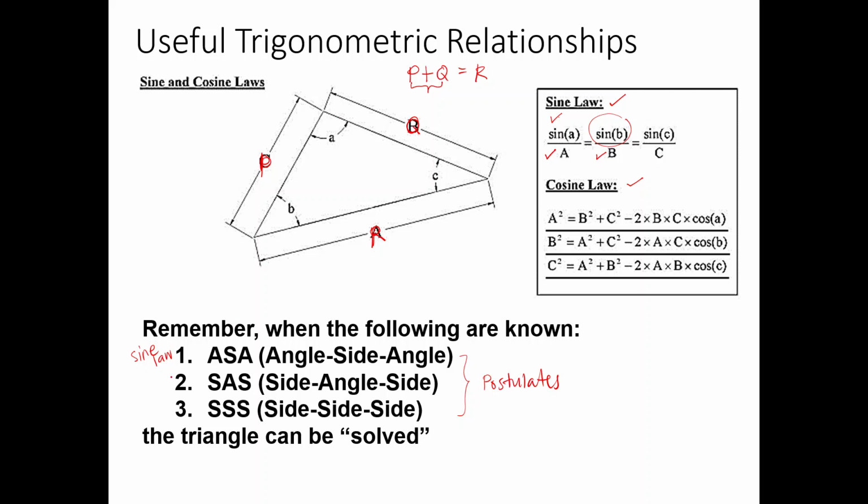Now the second and third ones will be useful for your cosine law. Side-angle-side: this will be the side, this will be the angle, then this will be the side. Side-angle-side is useful when you want to determine the resultant force, because the angle between the sides is the opposite of what you want to determine.